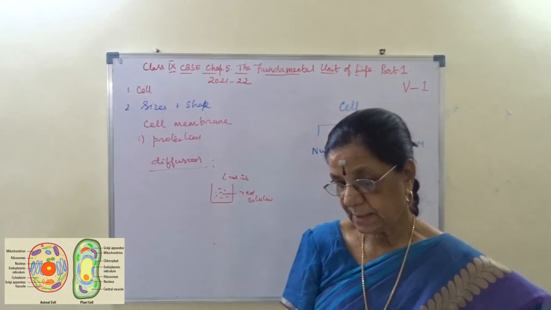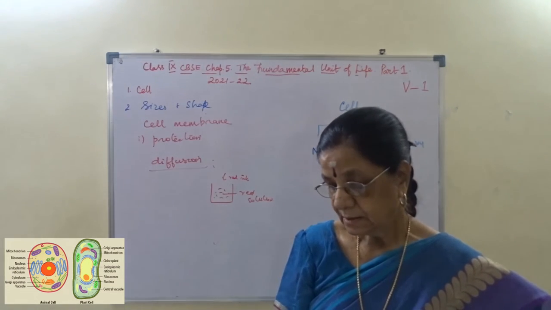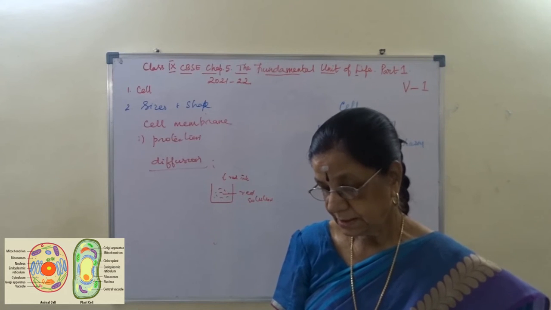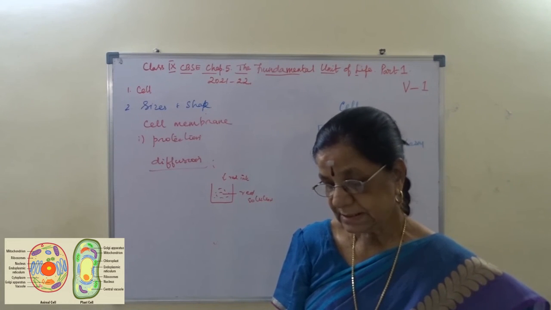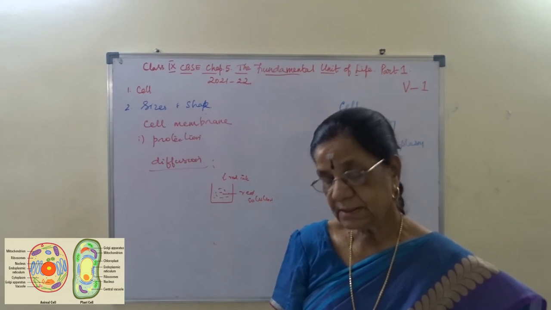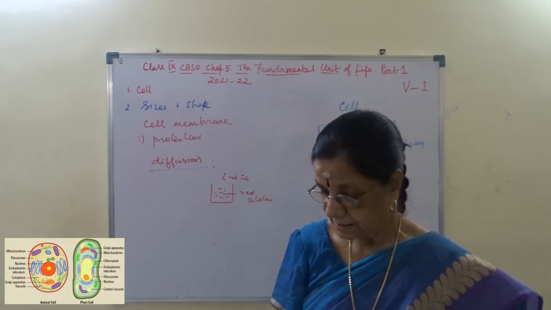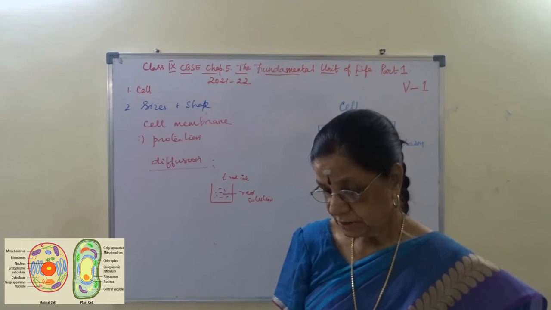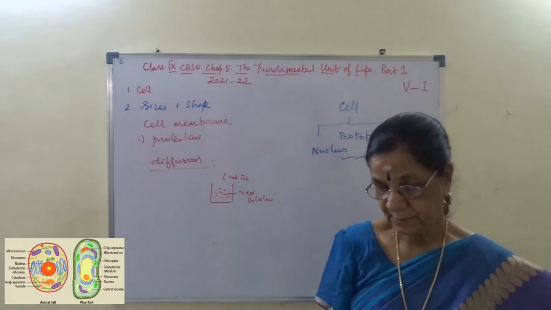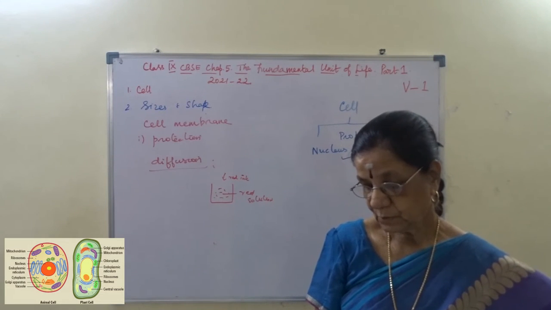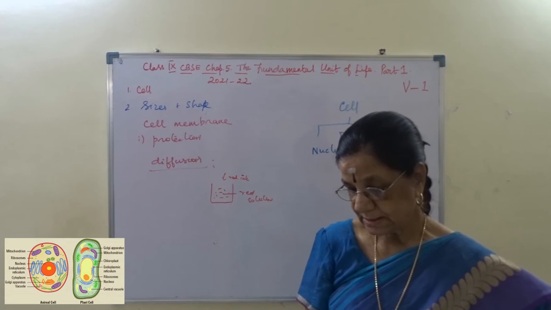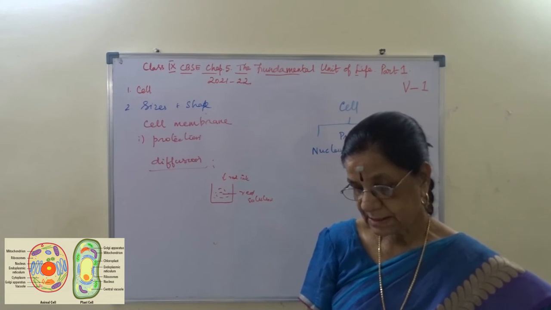Something similar happens in cells when a substance like carbon dioxide, which is cellular waste, requires to be excreted out by the cell. It is accumulated in higher concentration inside the cell, so it has to be sent out and eliminated. The concentration of carbon dioxide outside is low as compared to that inside the cell.